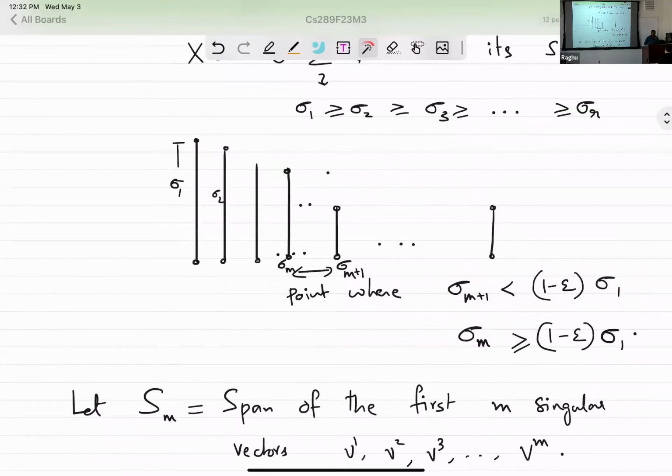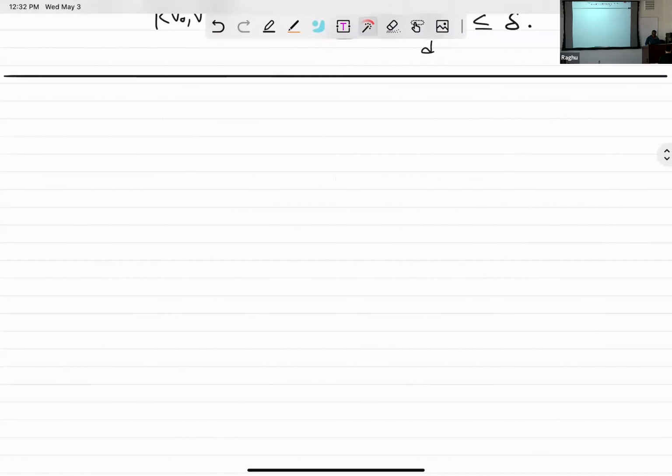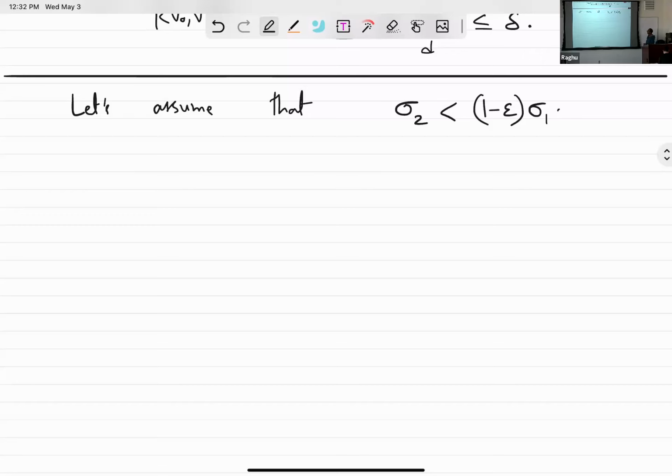But let's say we are somehow lucky, and let's assume that sigma 2 is actually small enough. Let's work under this assumption that the index where you drop below this threshold is right away.